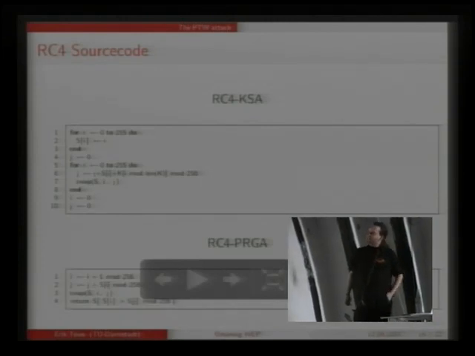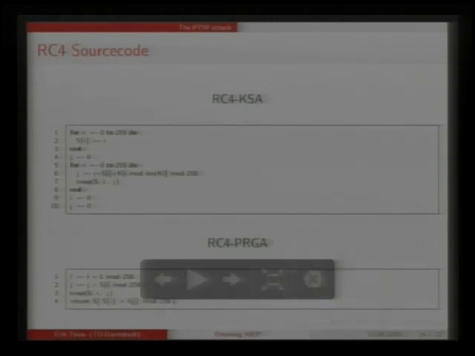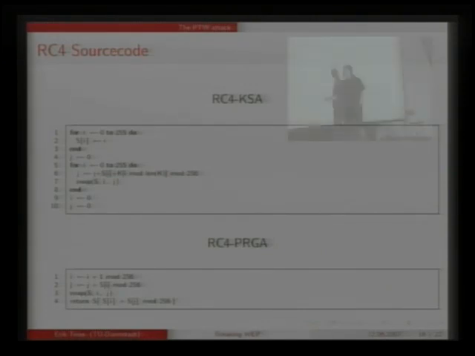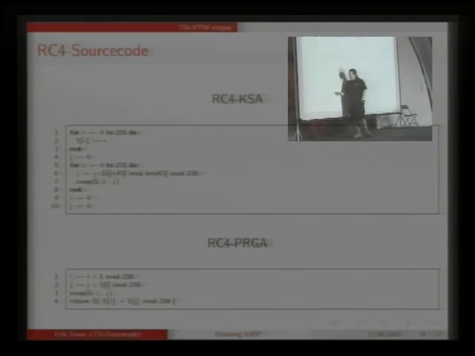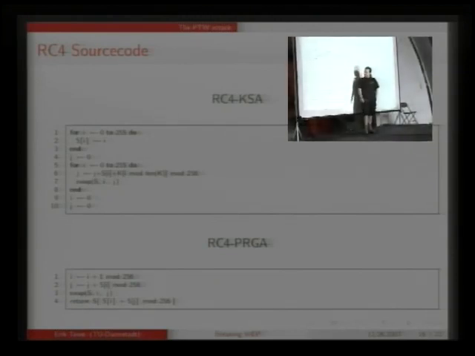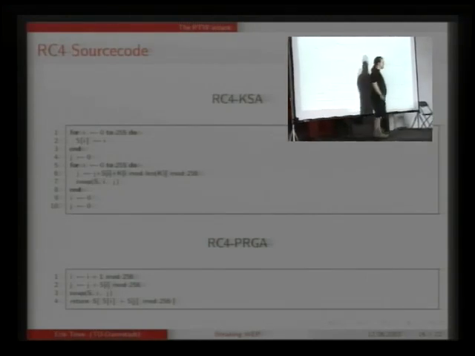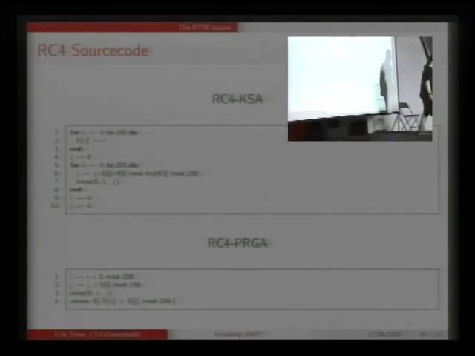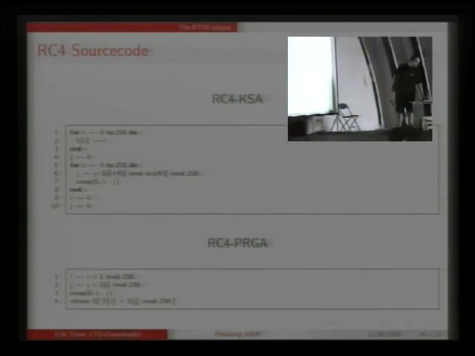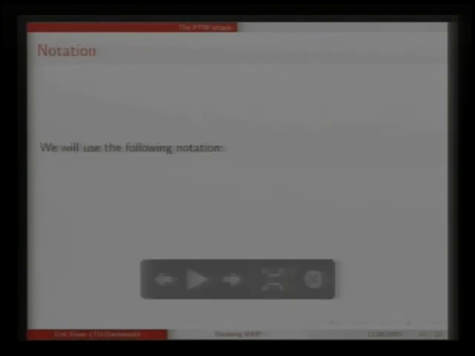And after this initialization has been done, you can generate a key stream of arbitrary length from these values by just repeatedly executing these operations, which will generate a key stream bytewise from that permutation and these integers and update the permutation. And for the rest of the slides, I will use the following notation.